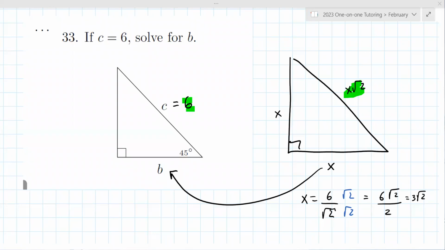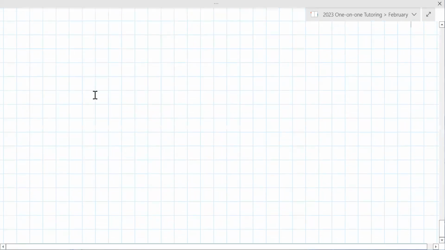Okay, so let's see if you can do one start to finish here without any assistance. And then we'll move to the more difficult ones. All right.